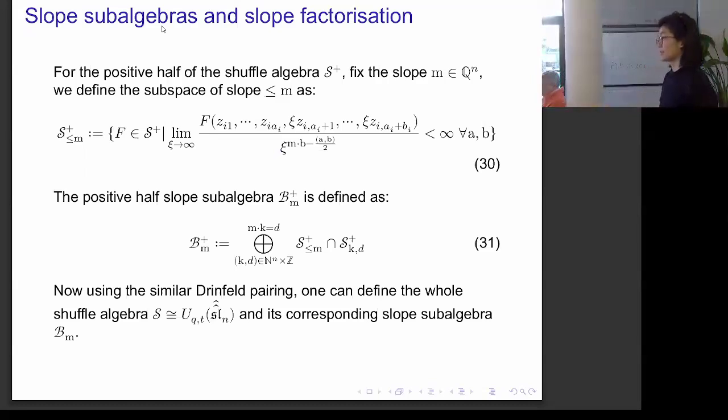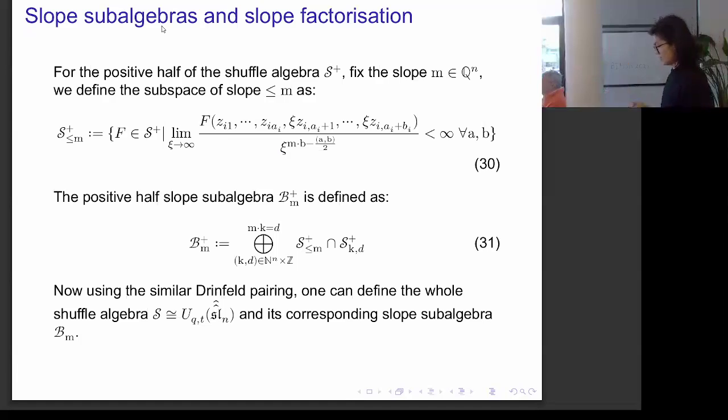And now using the similar Drinfeld double theorem, one can define the whole shuffle algebra as the Drinfeld double of the shuffle algebra over here. And the corresponding slope subalgebra can also be defined using the similar picture. So I will denote it by S and Bm.